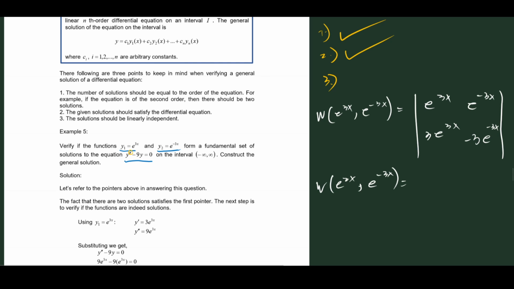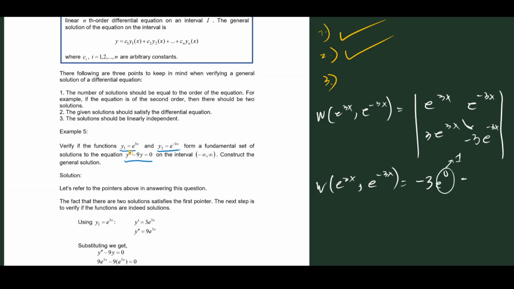Okay, so we will get e raised to 3x multiplied by negative 3 e raised to negative 3x, which gives negative 3 e raised to 0, right? Because we add negative 3x plus 3x, so that will be e raised to 0, so this will be 1.